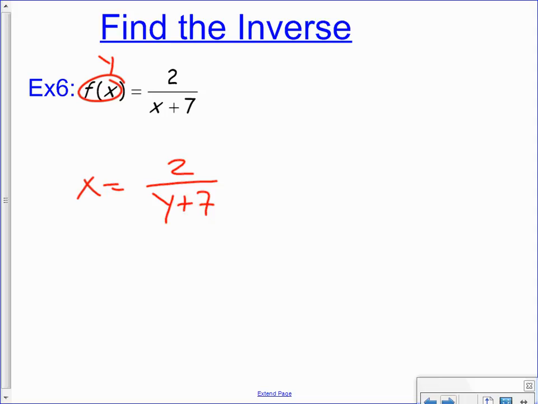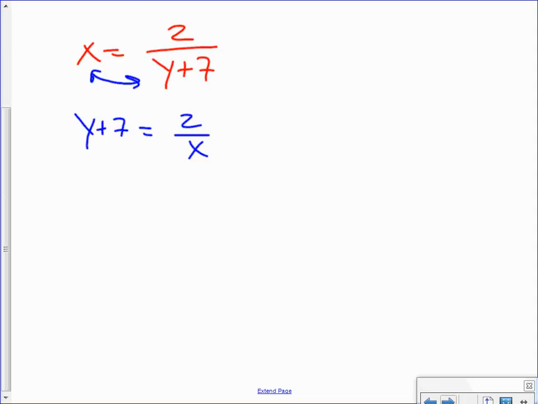If you have a single number and a fraction, just switch places because that's all you're doing because you're going to multiply to the top and divide by x anyway. So it's just y plus 7 equals 2 over x. All right. Last step. Subtract 7. Okay. So y equals 2 over x minus 7.